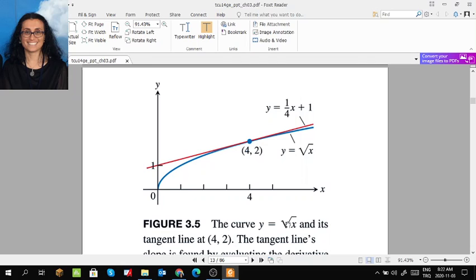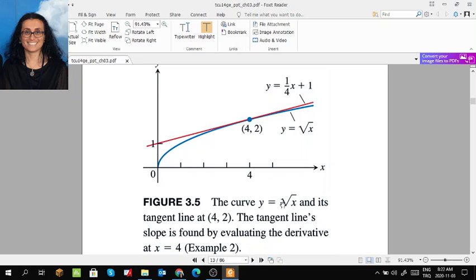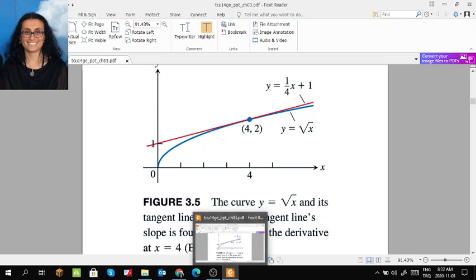We have a curve, y equals the square root of x, and its tangent line at the point (4, 2), which is in red color. The tangent line slope can be found by evaluating this derivative at 4. Okay, so we can do that too. Let me do that for you.